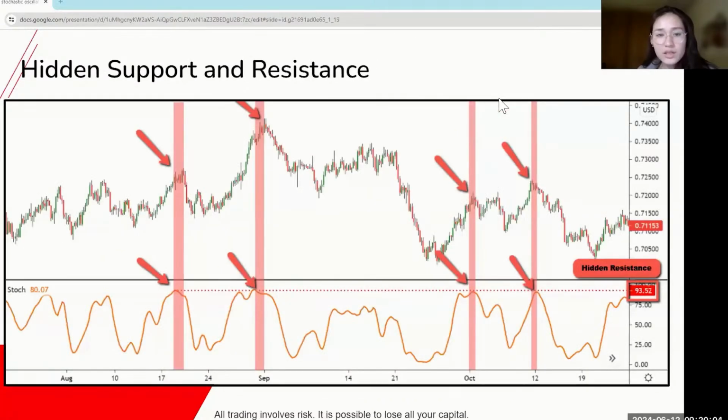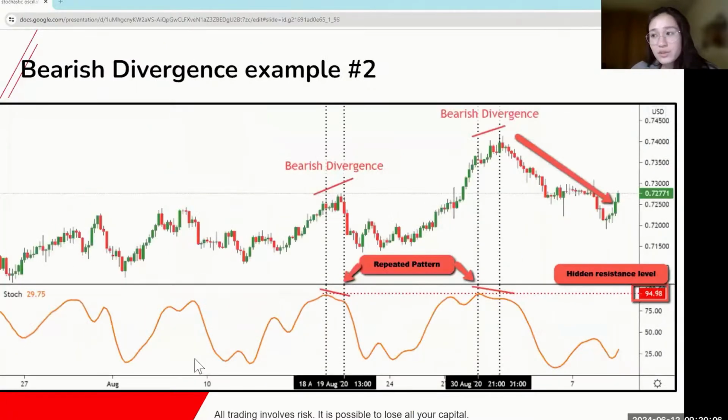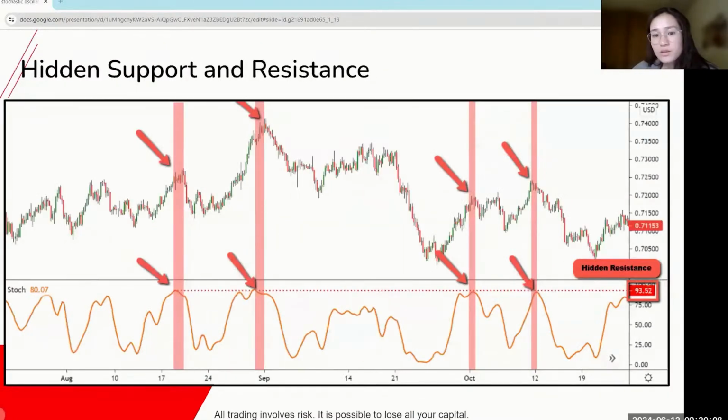Okay, so this is the levels, or rather the areas that we're looking at. Here you see price making a higher high, stochastic kind of maintaining at this level both of these times, and that's basically called a hidden resistance.